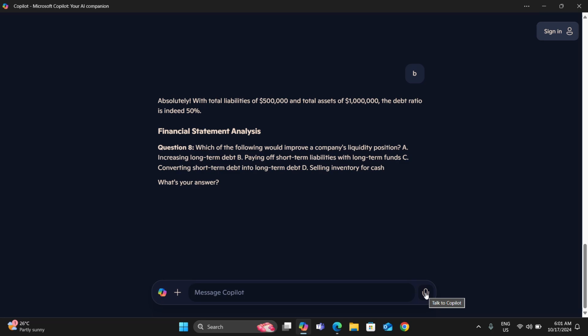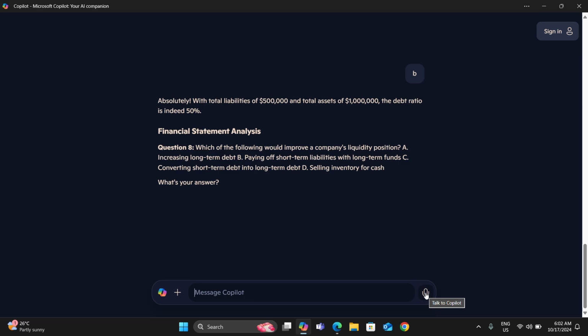The formula is only focused on the current assets, the quick assets, and the current liabilities, right? So paying off short-term liabilities with long-term funds, I guess it will, because the liabilities will become smaller, and of course the current ratio, the quick asset ratio will improve, converting short-term debt into long-term debt.